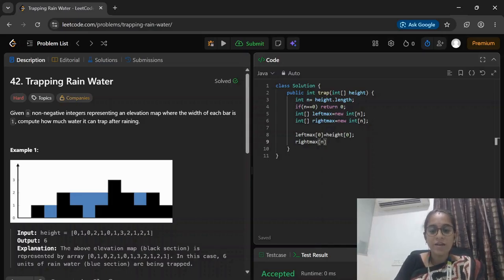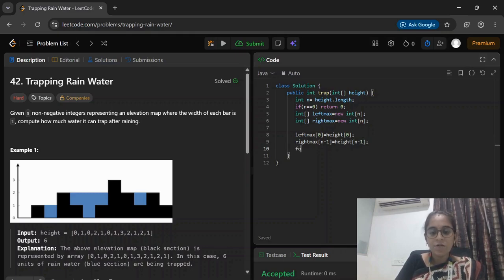How we mention the last position is n minus 1. Right max of n minus 1 equals height of n minus 1 here.